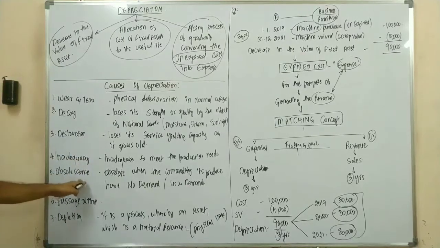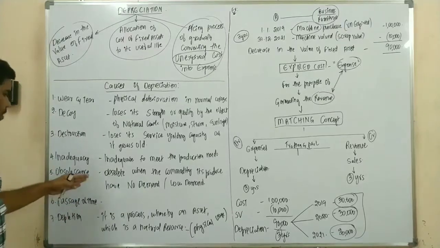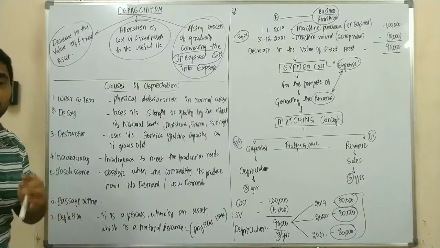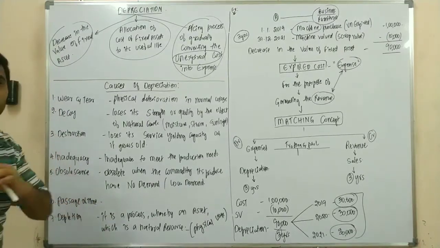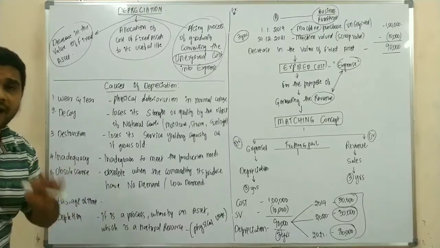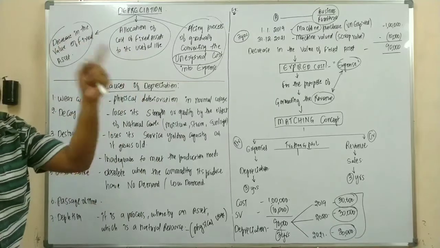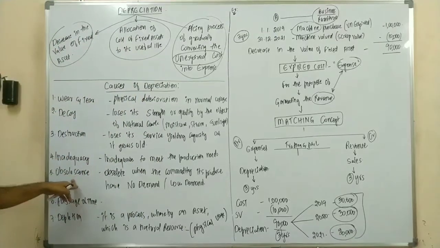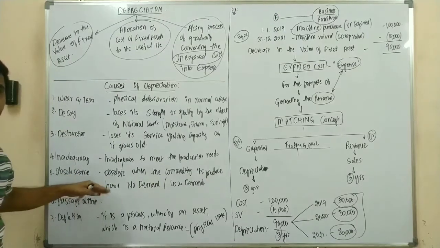Next one, obsolescence or technological obsolescence. Sir, what is the meaning of obsolescence? Whenever a product loses its demand, or whenever there is no demand for a product in the market, in that case, the asset which is used for the production of that product would become obsolete. That obsolescence is nothing but because of your technological reasons.